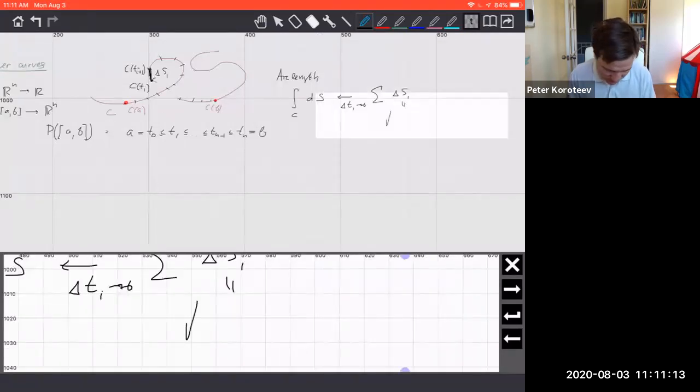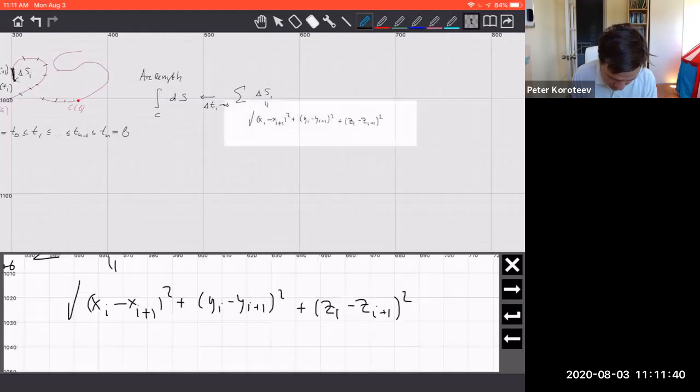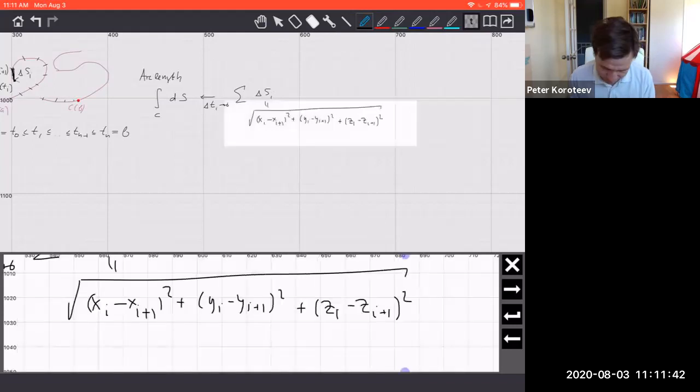Because we know how to calculate distances in space, let's say we're in 3 dimensions for simplicity. So delta si is the square root of xi minus xi plus 1 squared, plus yi minus yi plus 1 squared, plus zi minus zi plus 1 squared.